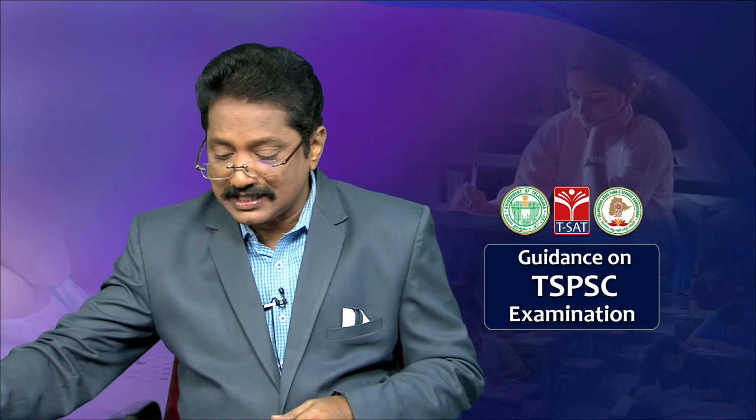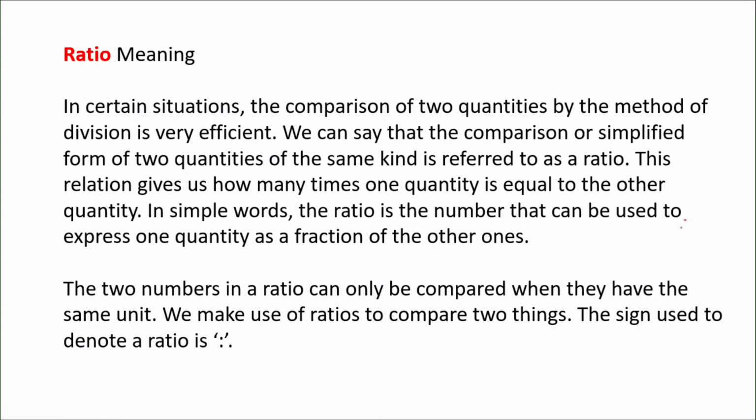We can simply call it a ratio, and we say A is to B. It means A by B, or you can write it in different formats, but the most frequently used one is "is to". This is the symbol to represent the ratio.